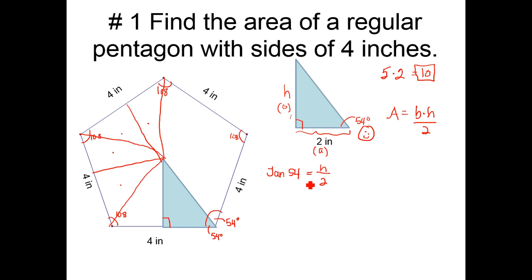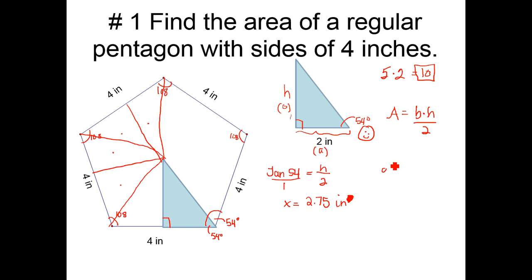And if I cross multiply, tangent of 54 times 2, I will get x, or my height, is equal to 2.75 inches. Excuse me, not squared. So that's my height. My height is not squared. I apologize for that. So it's 2.75 inches.